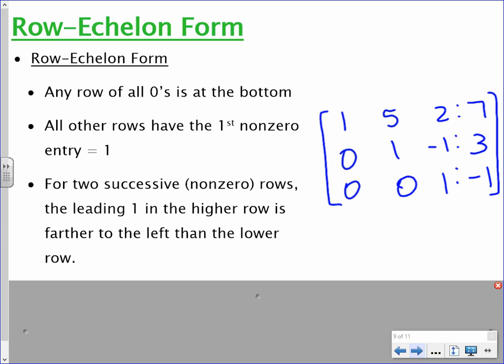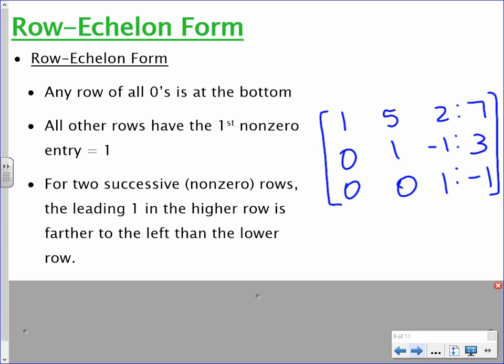In blue, I have written up an example of row echelon form. There doesn't have to be a row of zeros at the bottom, but if there is, that's where it goes.